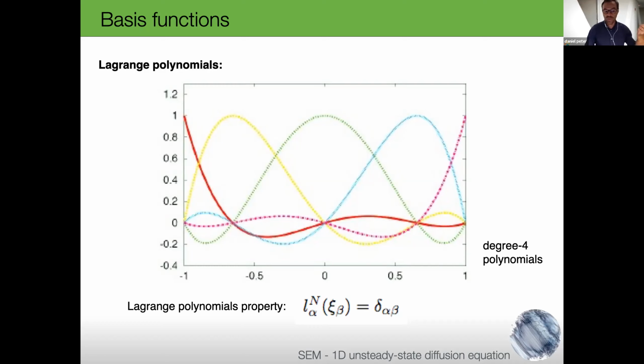So we have Lagrange polynomials together with GLL points, which gives us the Lagrange polynomials property, at the bottom, which is this Kronecker delta function. So the polynomials are really just one at the specific GLL point associated to the polynomial, and 0 on all the others.